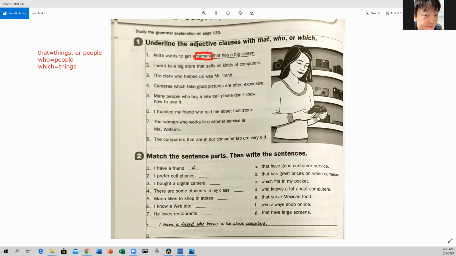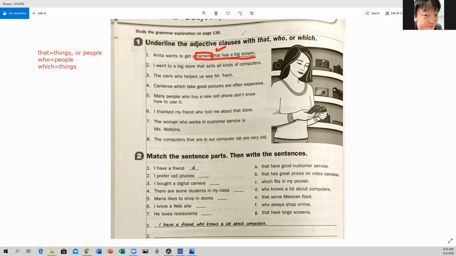What kind of camera? A camera that has a big screen. See? This sentence introduced by the pronoun that is an adjective clause because it's qualifying camera. This sentence functions as a qualifier of camera. That's the idea here.